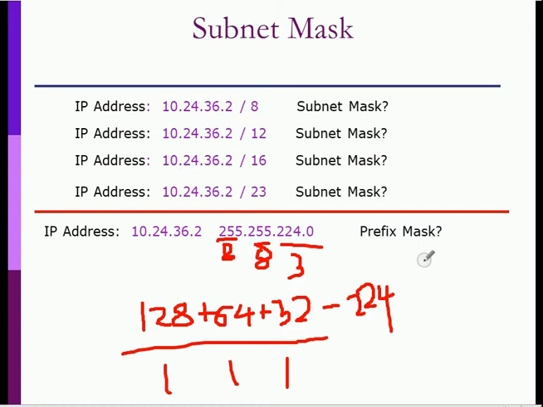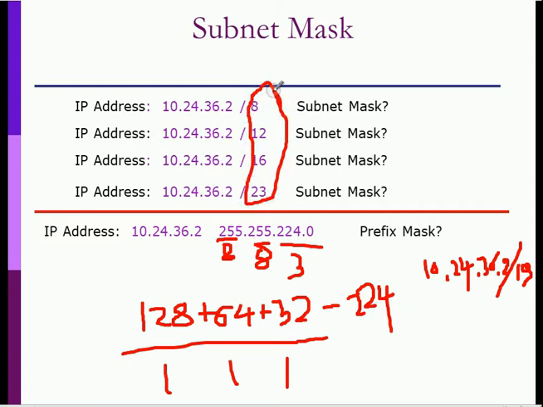So the CIDR would be 19. That's how you find out the CIDR. And in the reverse way, using the table 128 to 0, you can find out the values of these, and that will give you the subnet mask. So that's how it's done.